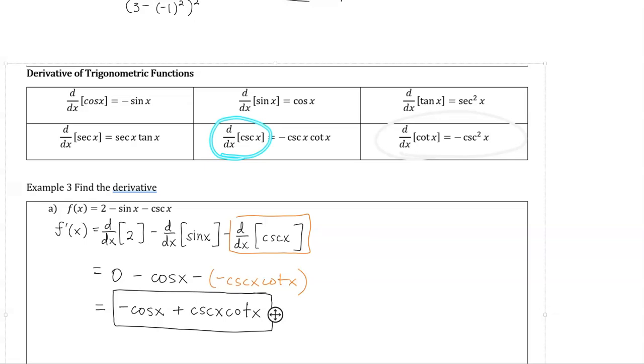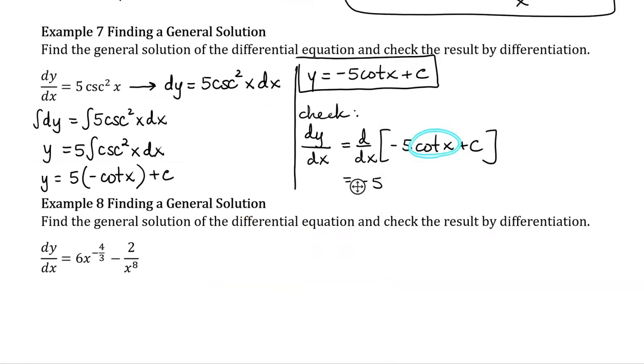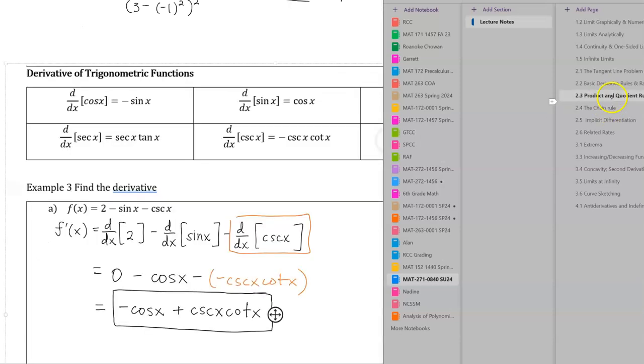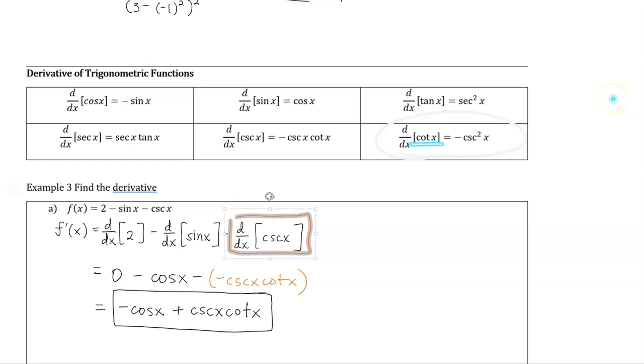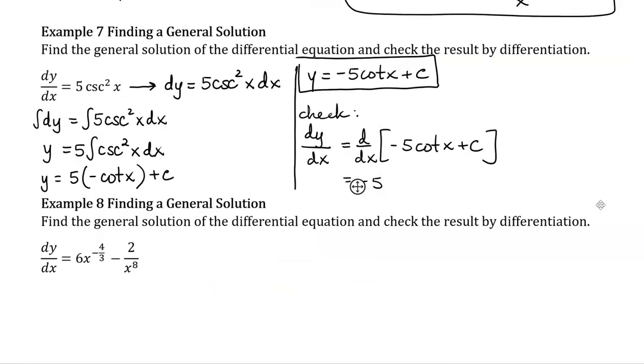The derivative of cosecant is negative cosecant cotangent. Oh, sorry, we're not taking the derivative of cosecant. We're taking the derivative of cotangent. Let's go back to 2.3. The derivative of cotangent is negative cosecant squared. So the derivative of cotangent is negative cosecant squared x.